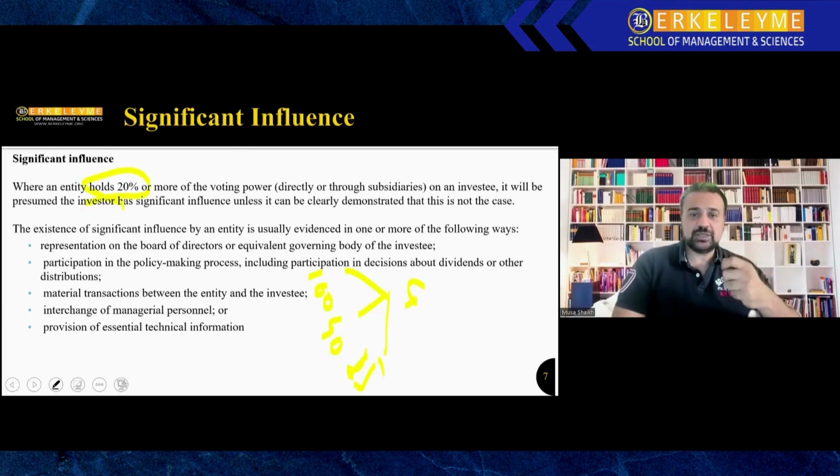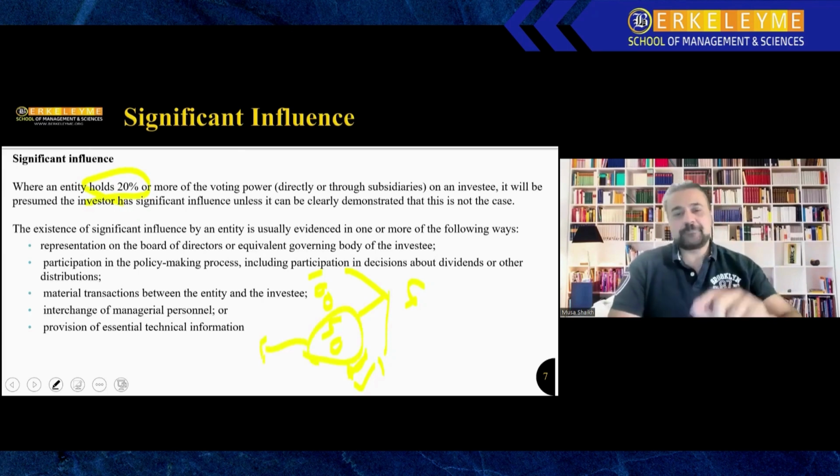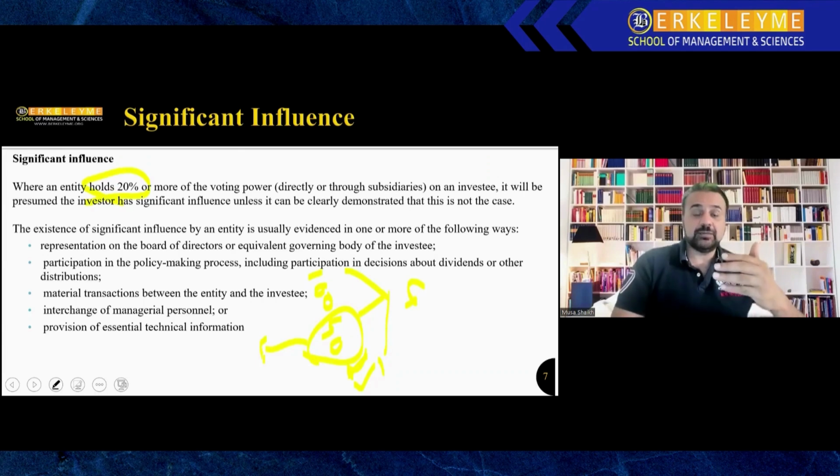You just have a share of 15% in this. With 40%, we can say that you have a shareholding in a company, and if you have control of the management, it will be taken as your subsidiary, and you will consolidate it in your main group.